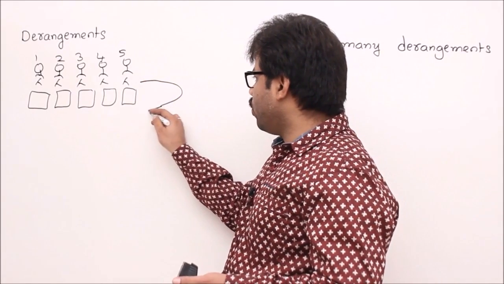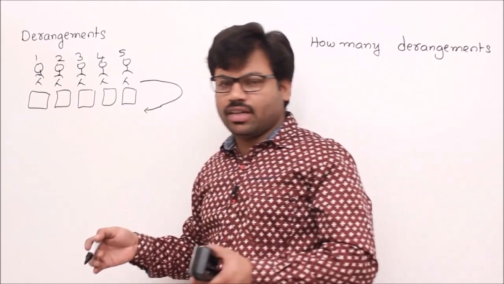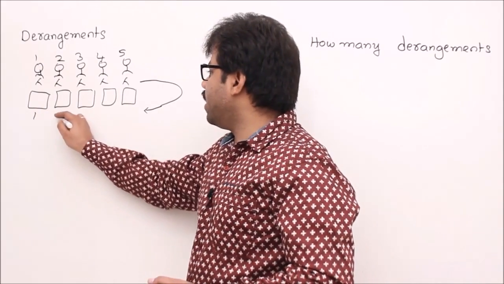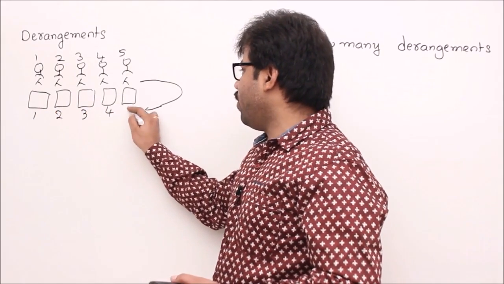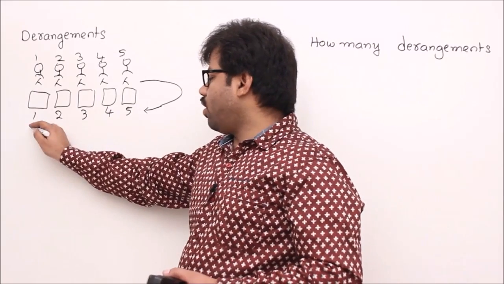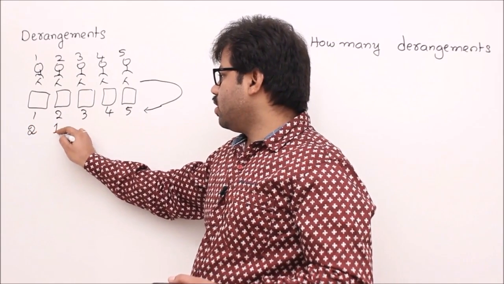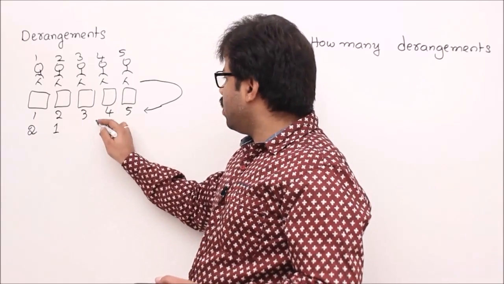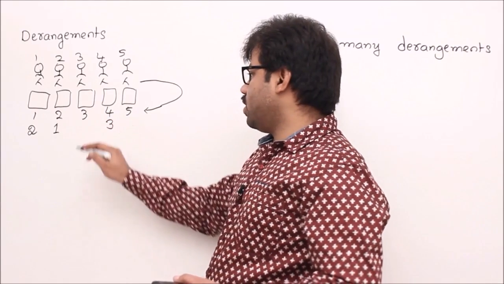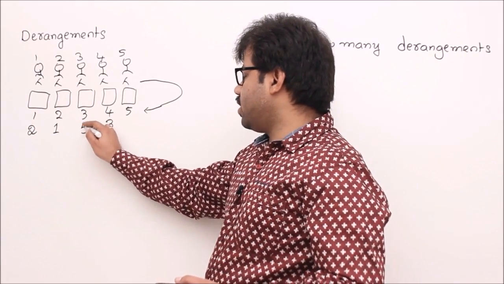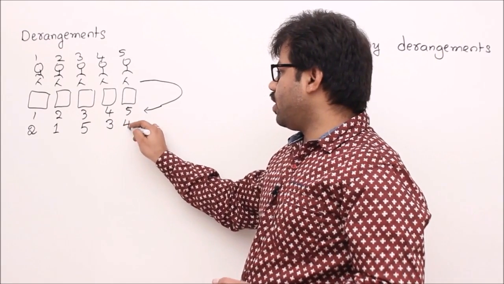When they go to the restrooms, and if they come back, and initially their seating positions are 1, 2, 3, 4, 5. Then if one takes 2's position, that means 2 takes 1's position, 3 takes 4's position, let's say 5 takes 3's position, in that way: 2, 1, 5, 3, 4.